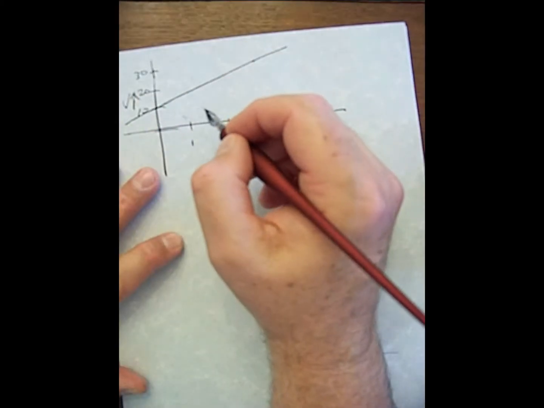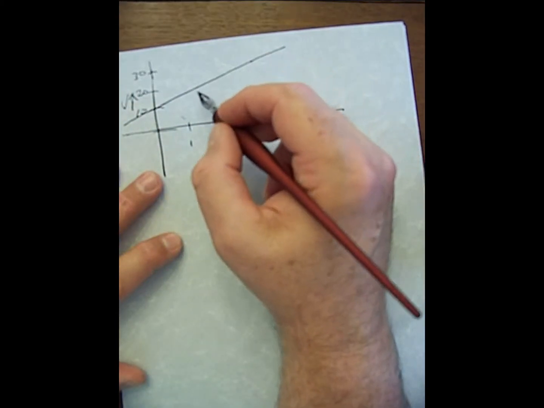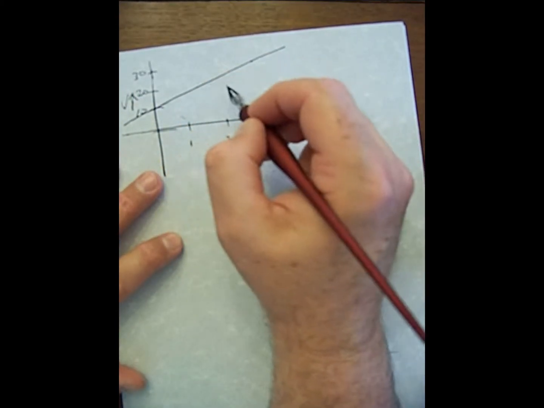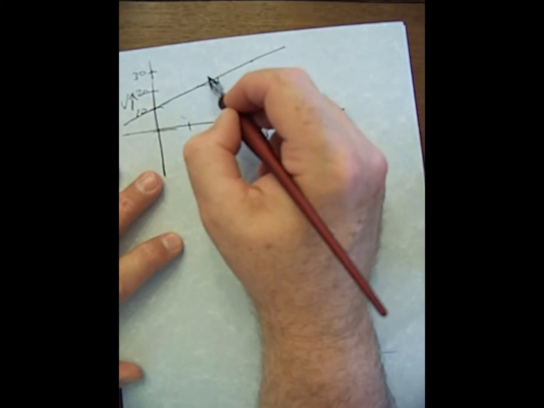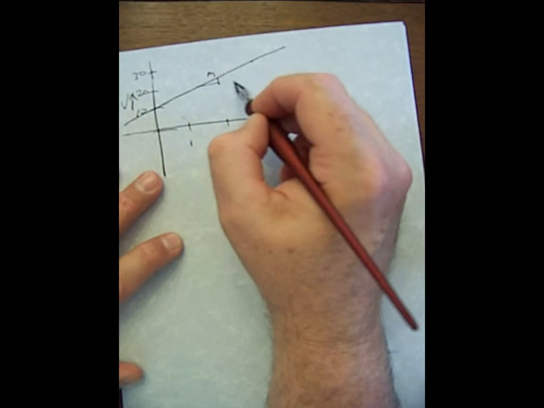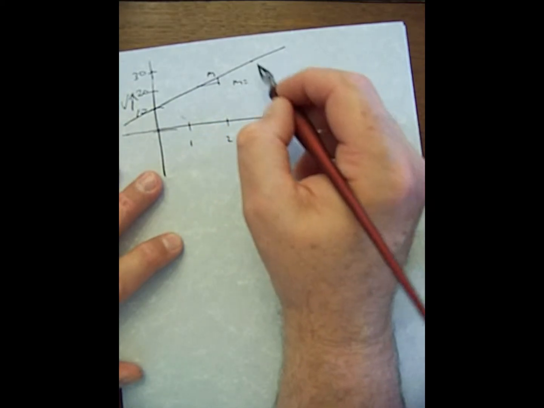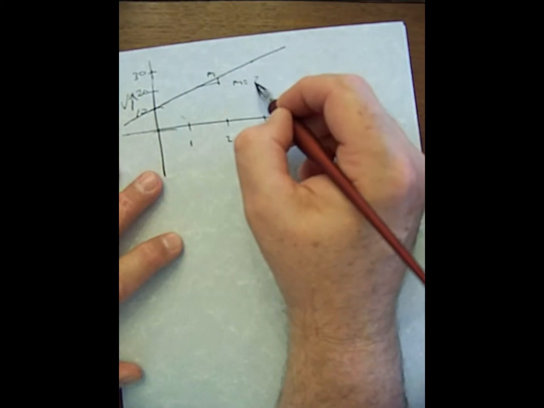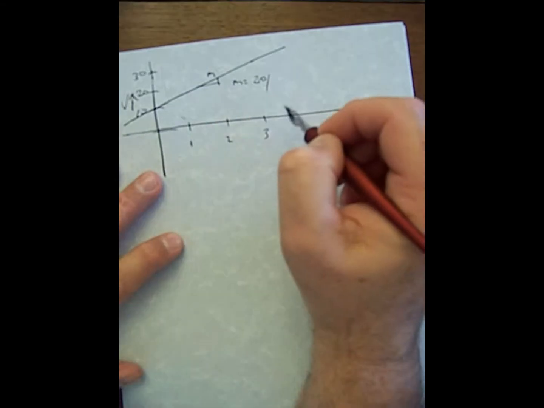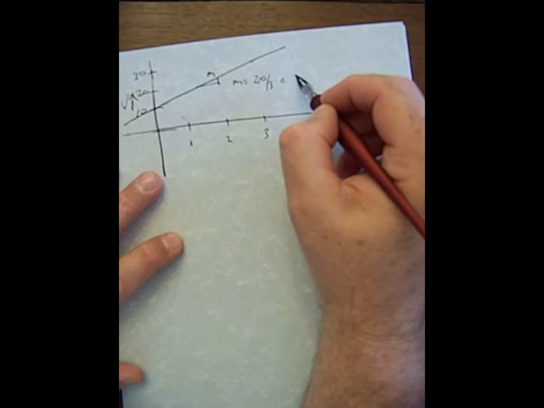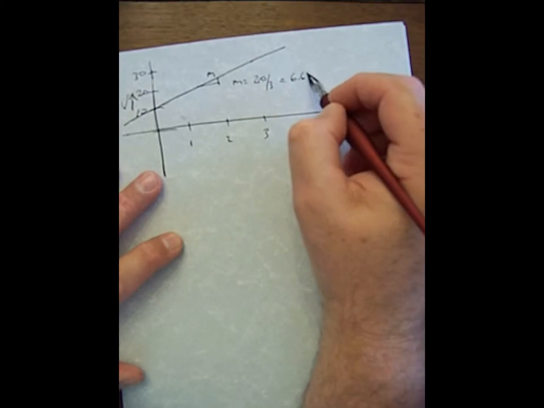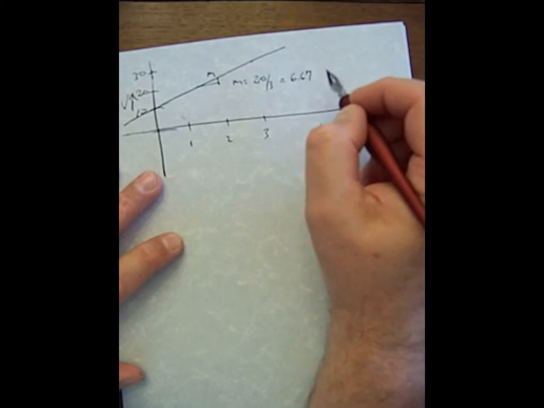If you remember your basic geometry for the equation of a straight line, we have to find the slope, m. M is delta y, 20, divided by the change in your x-axis, which is 3. So our slope here is 6.67, 20 divided by 3.